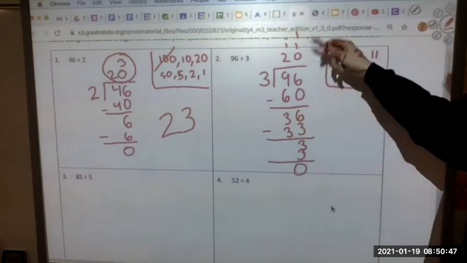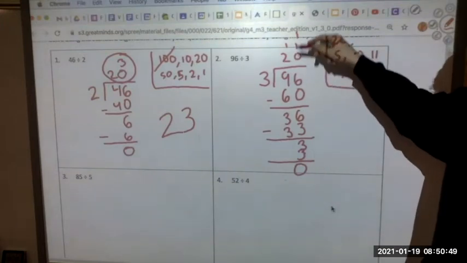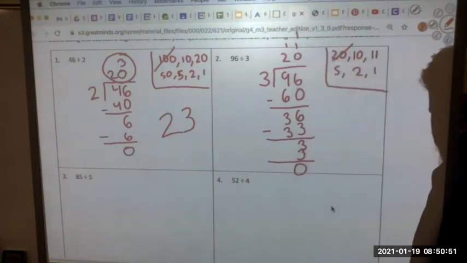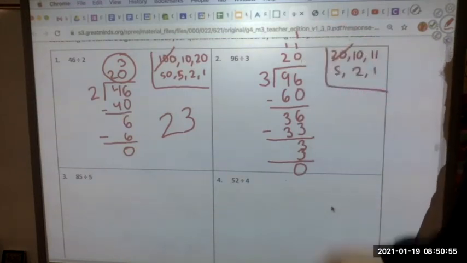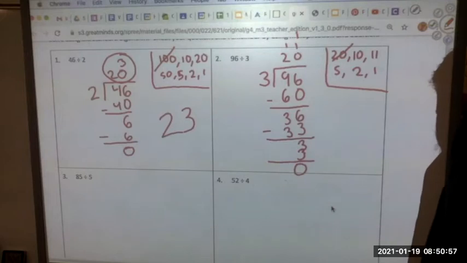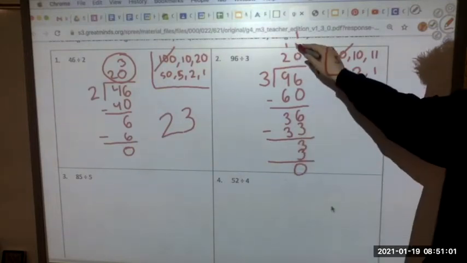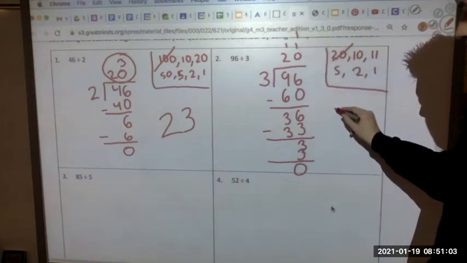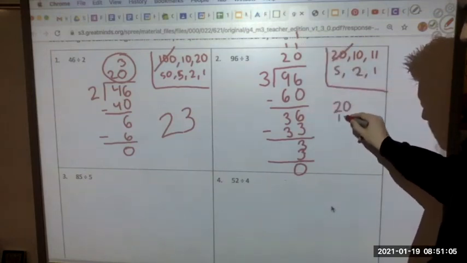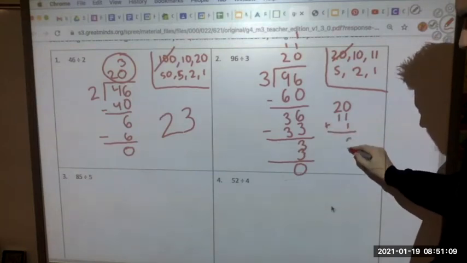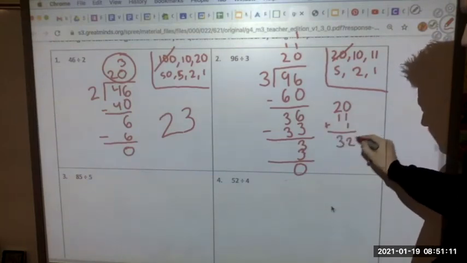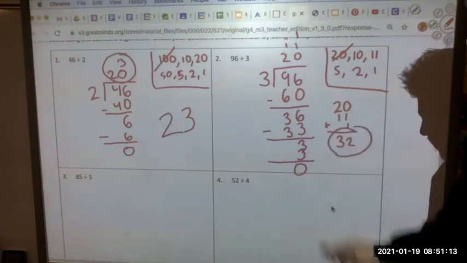Your partial quotients might be different because you might have done 10 and then you had to do 2 or something like that. But as long as you get the same quotient, you're doing fine. So we have 20 plus 11 plus 1. We get 32 as my answer with a remainder of 0.